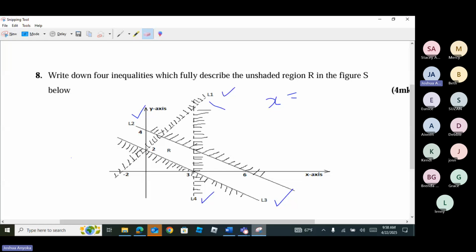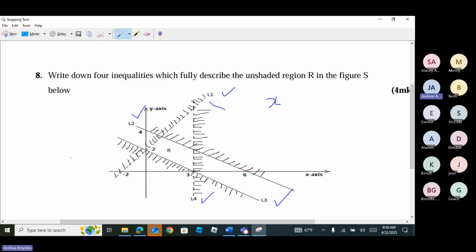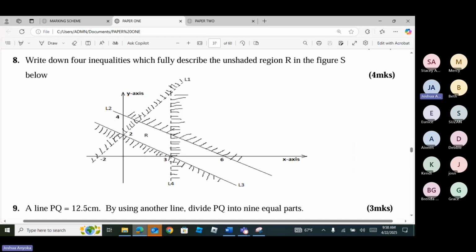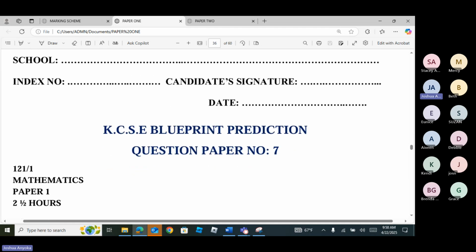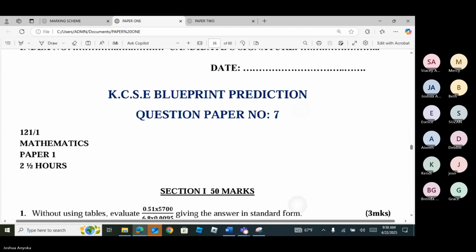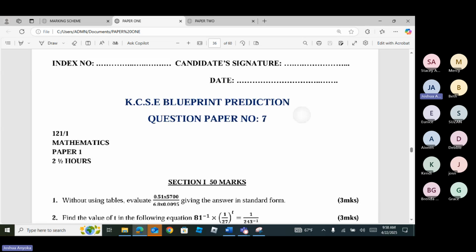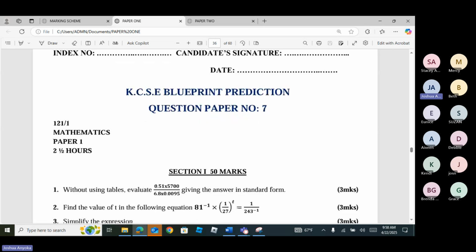What are the answers? Maybe line 1? It wasn't line 3. Somebody to give us line 3. It is trial what? We said it is trial 7, paper 1, question 8.